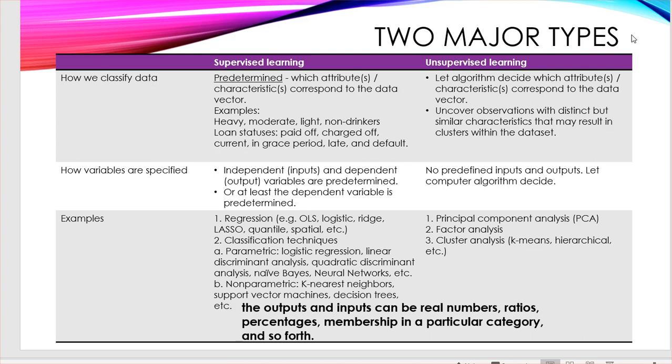I'm sure many of you have done principal components analysis. It's one kind of factor analysis, we all know that. So when we do either principal components analysis or factor analysis, I'm sure you realize there are no predefined independent and dependent variables.